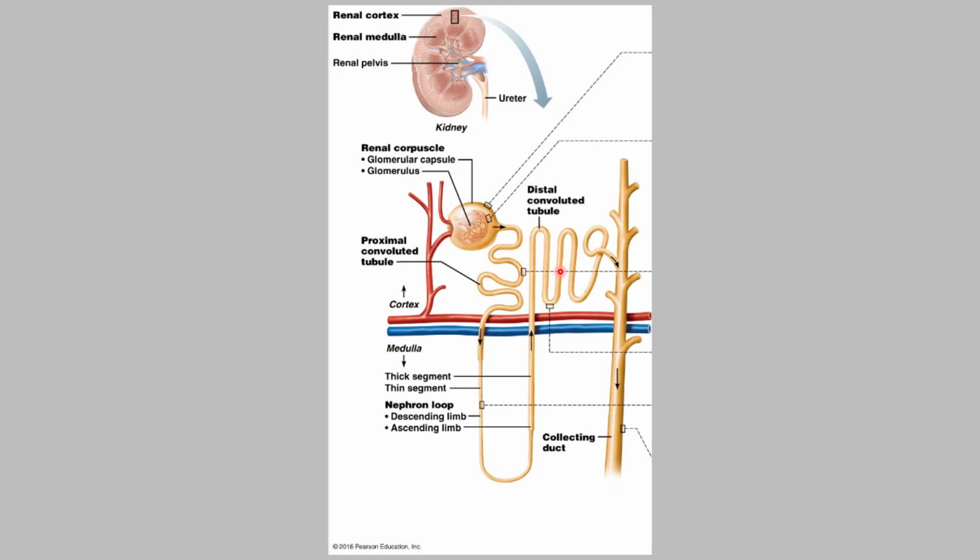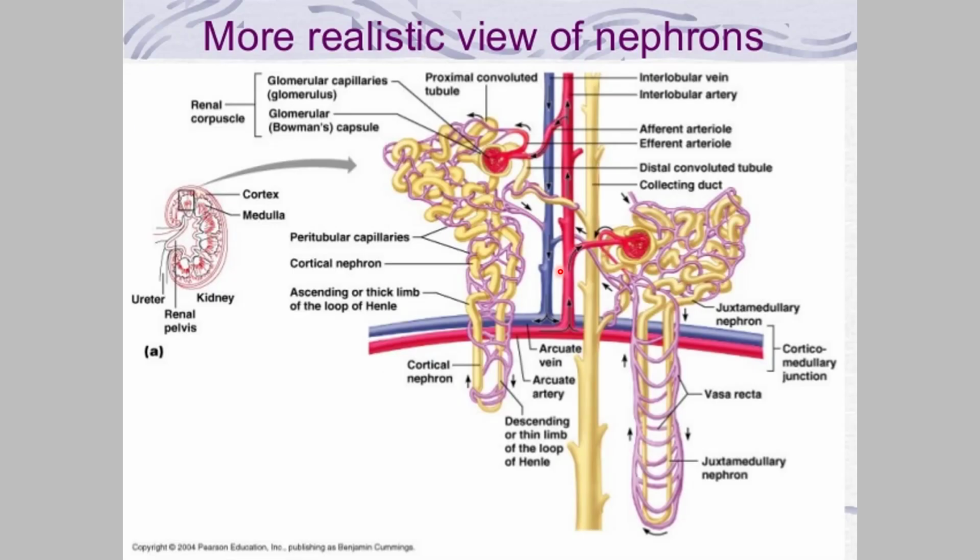But again, as I always like to remind you, here is that more realistic view of the nephron. Very, very twisted up and surrounded by blood vessels. As we go through the nephron, which is the yellow part, the tubules, it's important to remember that all of those tubules are surrounded by capillaries, which are the purple parts.